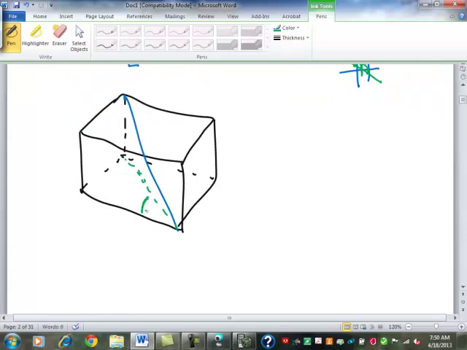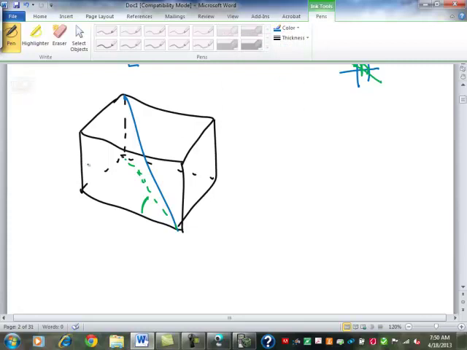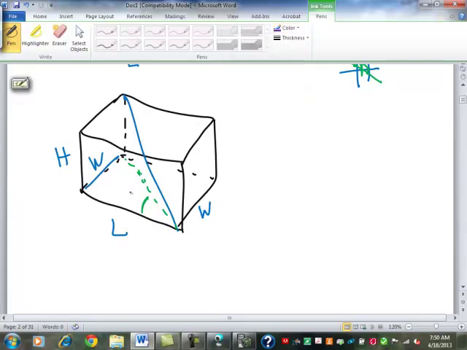R is this angle. So that angle of rotation, this over here is side W. This is side L, and this, of course, is the height here, the thickness. So R, my angle of rotation, is simply the inverse tangent of W over L.